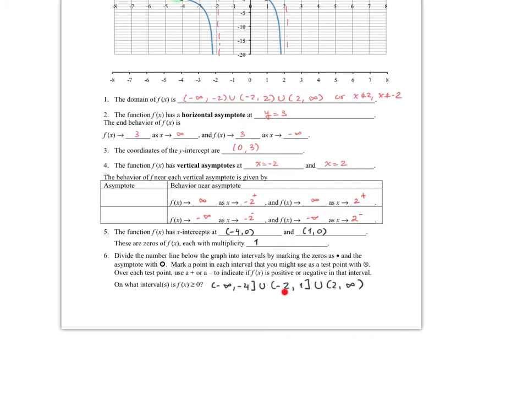Notice that the -2 and the 2 have to have a parenthesis since they're not part of the domain. And also notice that this question pretty much has asked you to do 80% of the stuff you learned so far related to polynomials and rational expressions. So it's asking you everything from domain, asymptotes, and end behavior, multiplicity, zeros, where it's positive, and so forth.